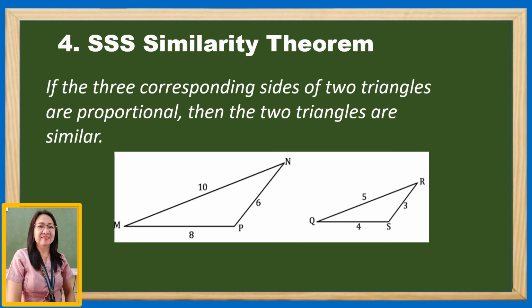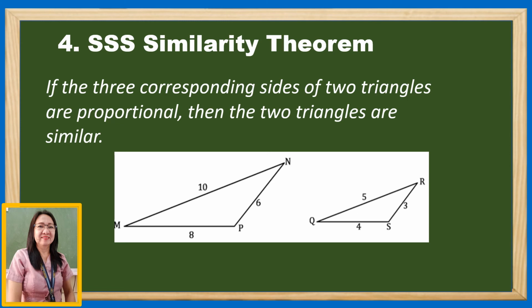With respect to their sides, MN measures 10 while QR measures 5. If these two are the corresponding sides, then the ratio between them is 10 to 5, or we can simplify this to 2 to 1.